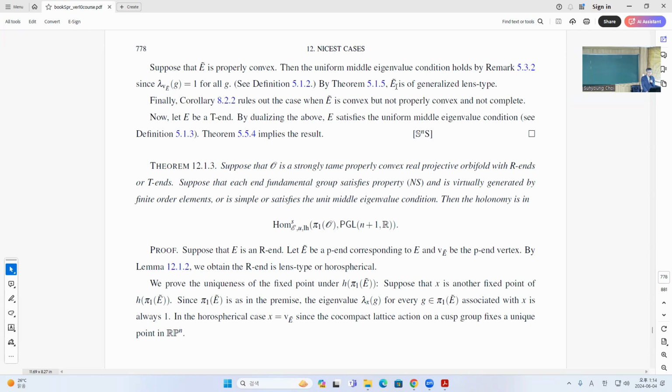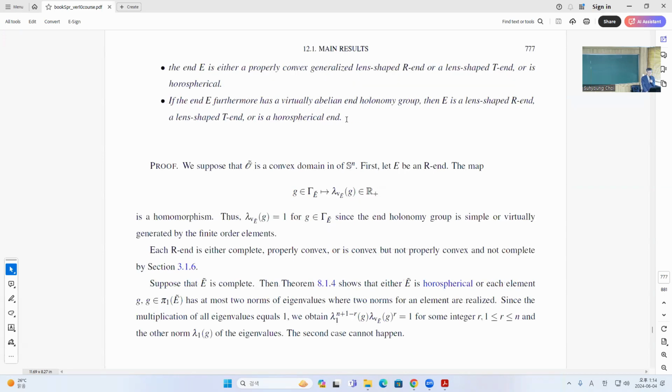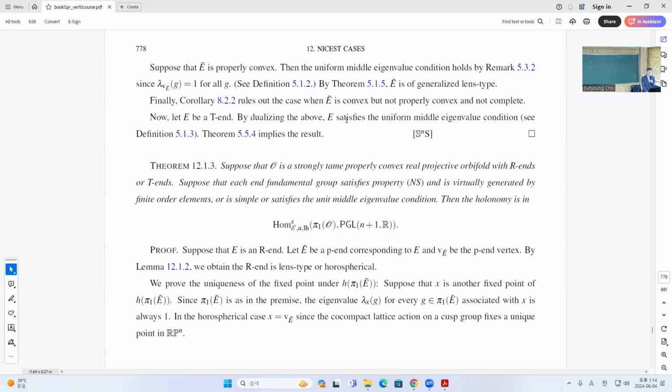Then by this theorem on lengths, Corollary 8.8.2 removes the case that E is convex but not properly convex. And for T^n, you can do the dual argument to get these things. Maybe I don't need this. I forgot that. Anyway, sorry.